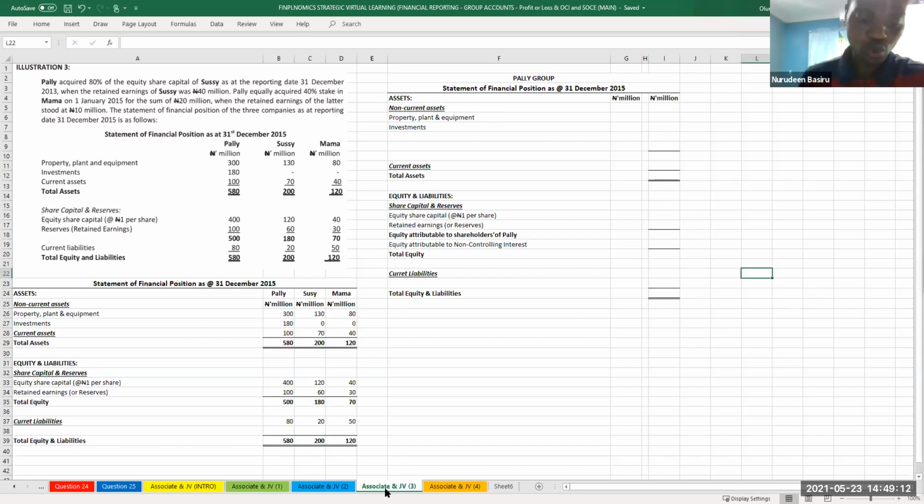In addition to what other participants said, I personally appreciate the approach used by the presenter to present the topic, investments in associates and joint ventures.